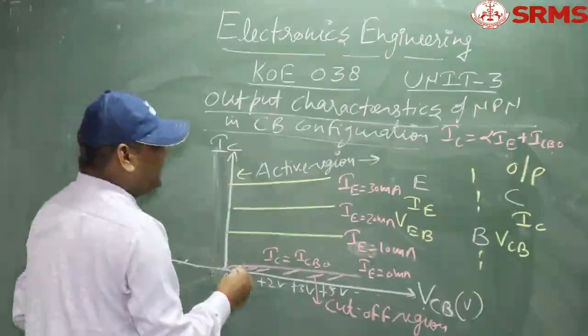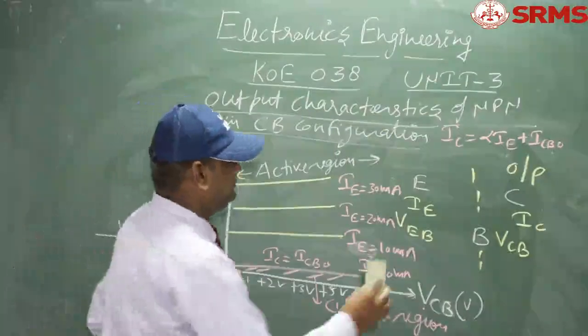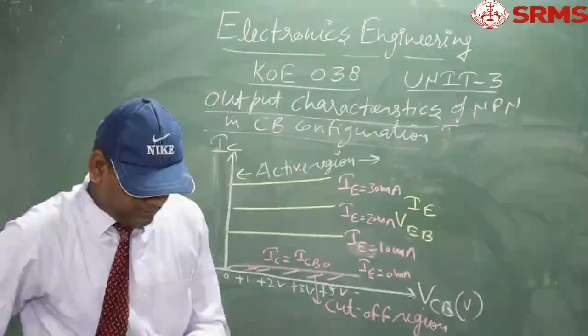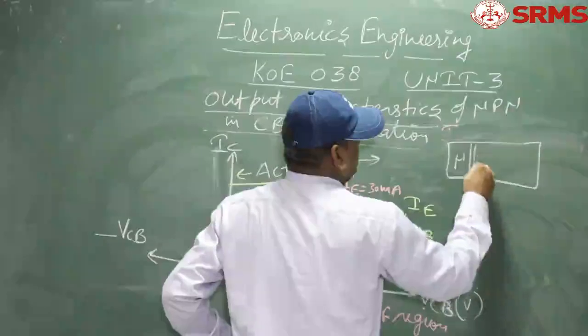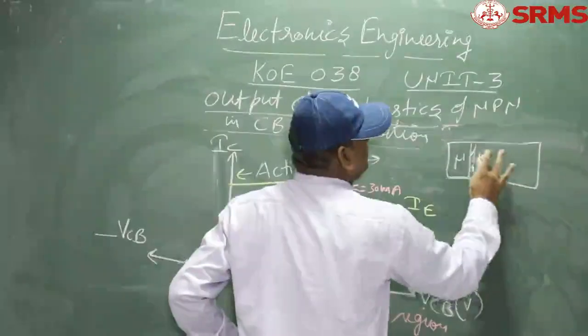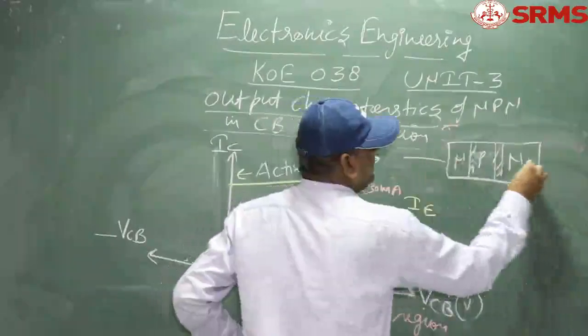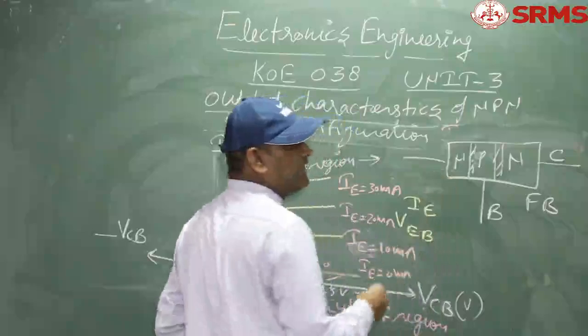Now what is going to happen in the forward bias condition? Look over here. If your collector base junction is forward biased, this is N, depletion region, this is P, depletion region, this is N, and this is forward bias. The collector base junction is now forward biased.